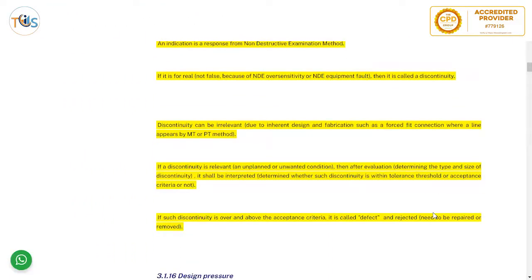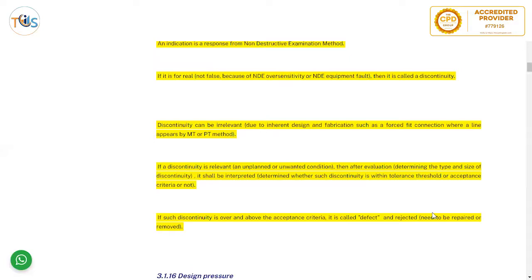If it is for real, not false because of NDE oversensitivity or NDE equipment fault, then it is called a discontinuity. A discontinuity can be irrelevant due to inherent design and fabrication, such as a forced fit connection when a line appears by MT or PT method.